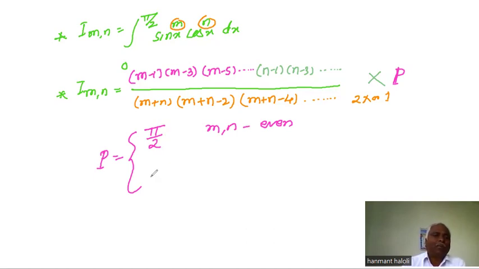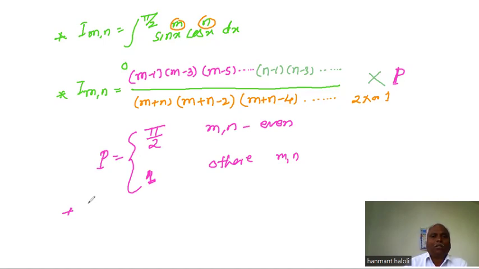For any other values of m and n, you get p as 1. This is for the integral 0 to pi by 2.